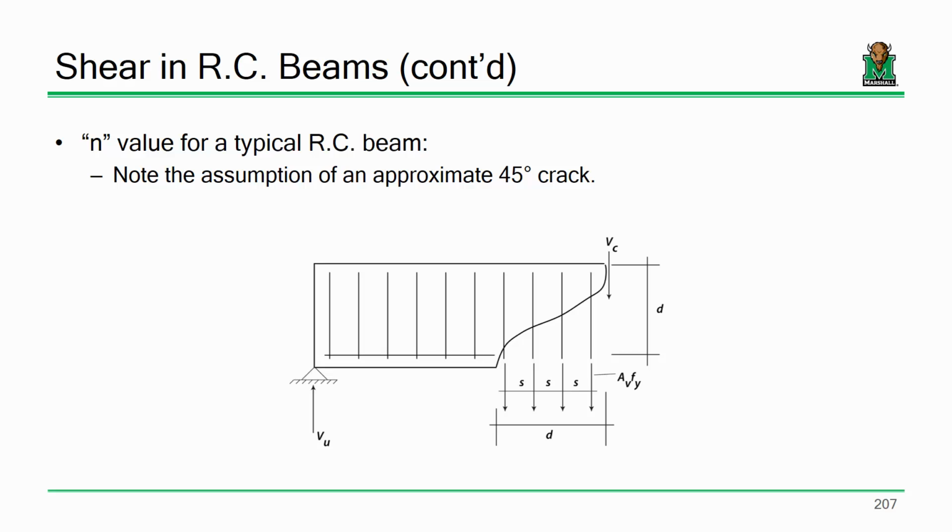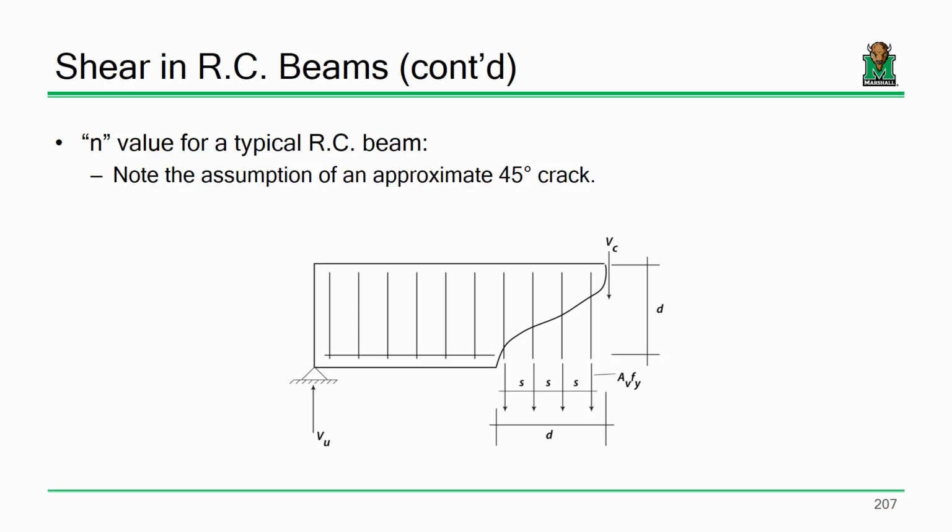The idea behind n is that we assume the beam cracks diagonally, as follows. And that n value is basically, we're trying to determine how many stirrups are there in a given crack. So it's the depth divided by the stirrup spacing. Does that make sense?